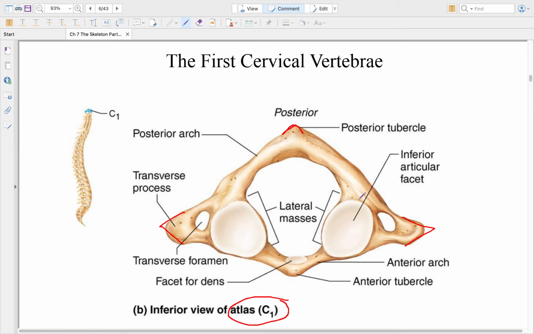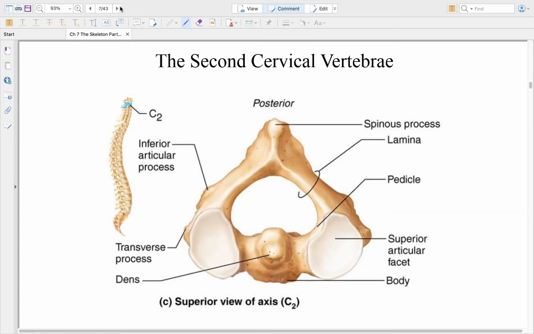Notice that these facets here and here are where the occipital bone is going to sit. The next vertebrae, the second one, is called the axis, and this allows you to turn your neck because of this, called the dens.